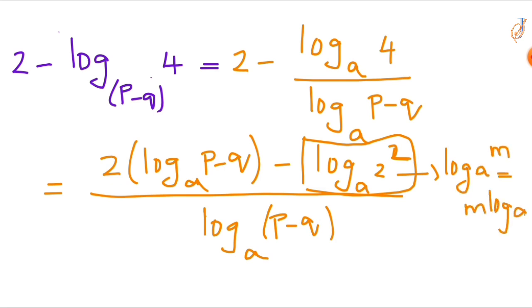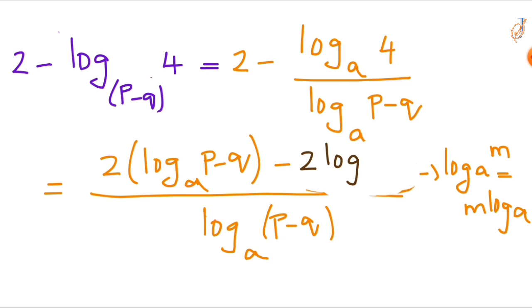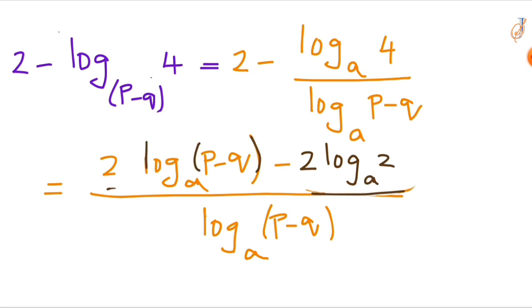According to this formula, log 2² can be written as 2 log_a 2. Here we have 2 log_a(p − q) and here 2 log_a 2, so take 2 as common. You will get 2 times (log_a(p − q) minus log_a 2).